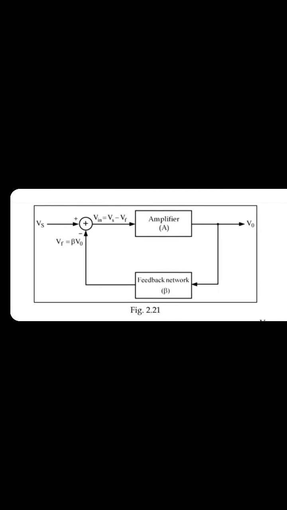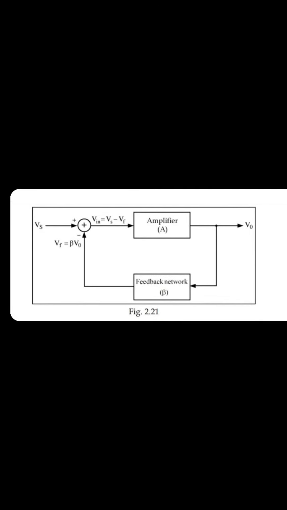The signal to be amplified is Vs, applied at the input side, and the feedback voltage is Vf. So Vs minus Vf gives the actual input at the amplifier A.